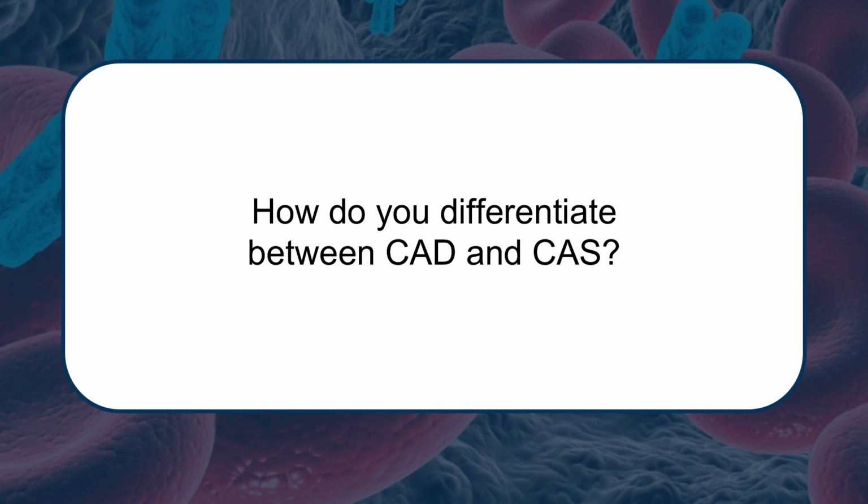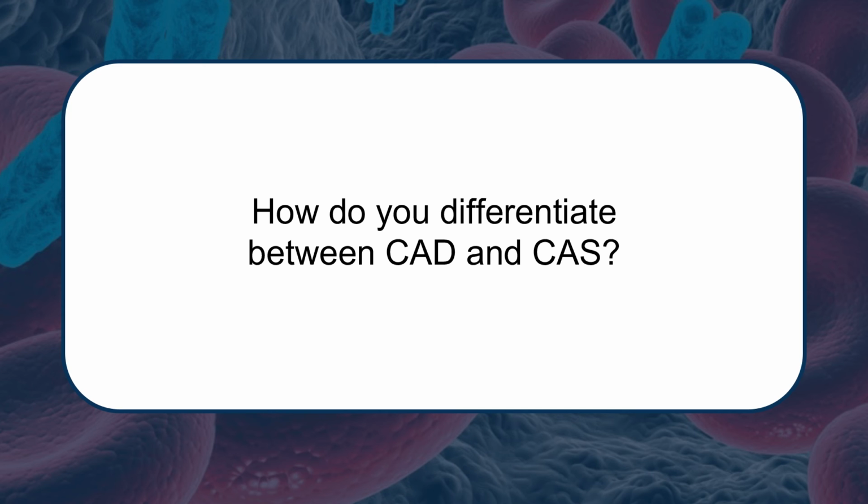And then we have the next question: how to differentiate between CAD and CAS. I was invited to give a virtual talk in Japan on that topic, and I also did the same in Austria, and I talked for half an hour.